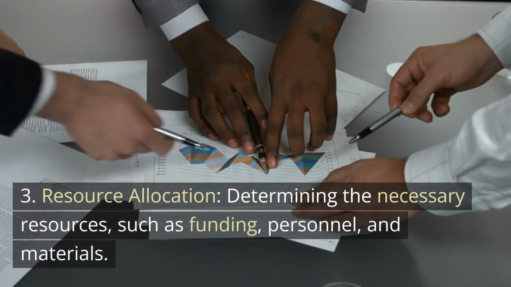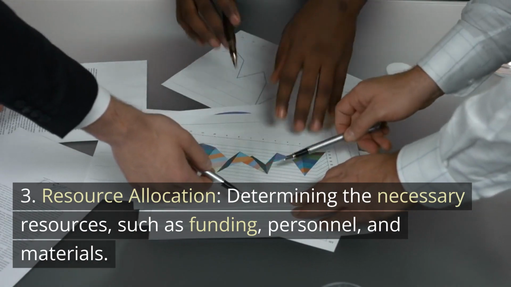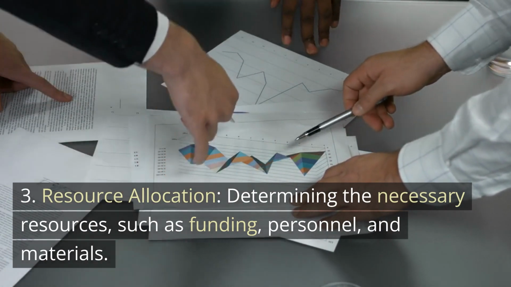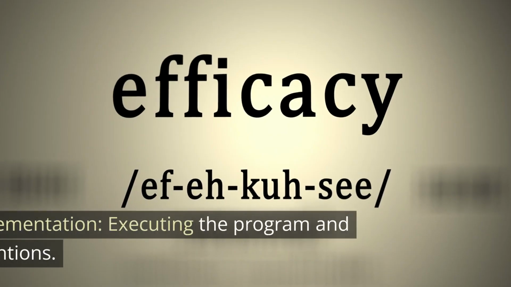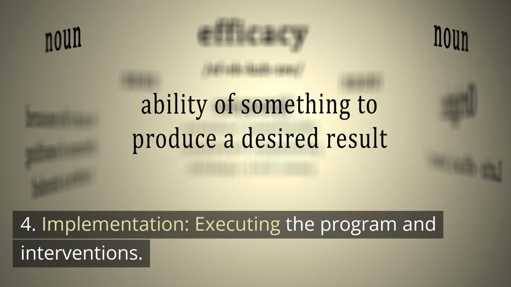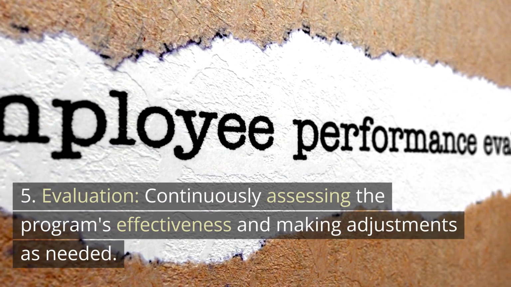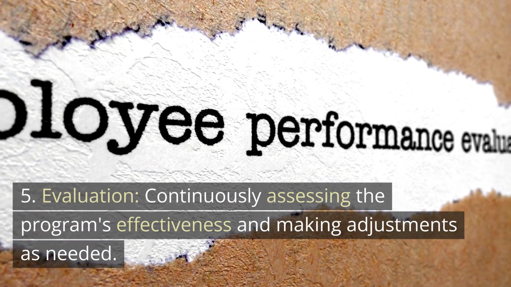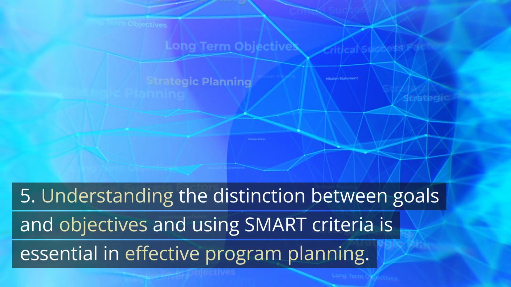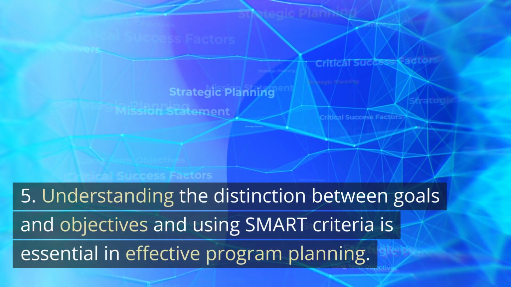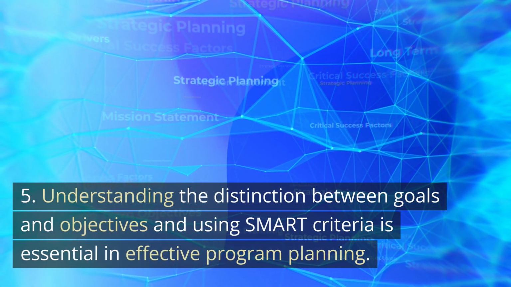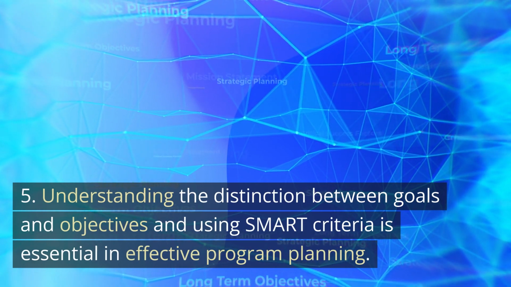Resource allocation, determining the necessary resources, such as funding, personnel, and materials. 4. Implementation, executing the program and interventions. 5. Evaluation, continuously assessing the program's effectiveness and making adjustments as needed. Understanding the distinction between goals and objectives and using SMART criteria is essential in effective program planning.